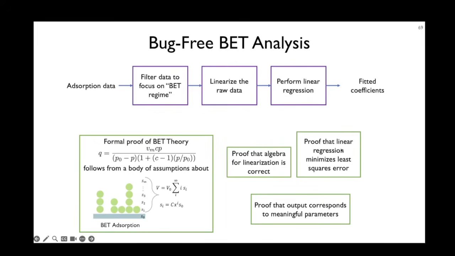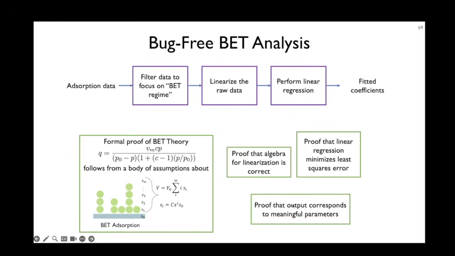Can I prove that linear regression minimizes the least squares error? This is a property that should be true of linear regression in general. Anytime you do linear regression, it should do this. Can I prove that? And that our code that implements linear regression is actually satisfying this high-level property about the regression.